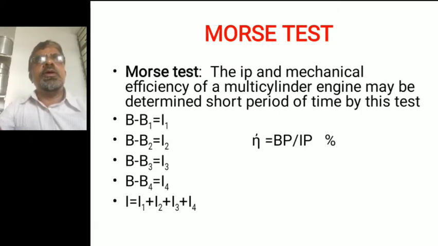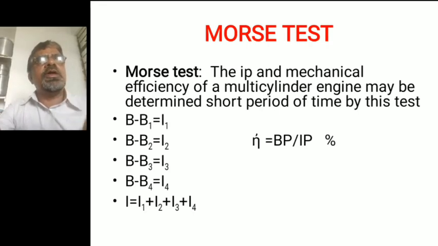That is, B is equal to I1 minus F1 plus I2 minus F2 plus I3 minus F3 plus I4 minus F4. If any one cylinder is rendered inoperative, then it does not develop any power, but friction F1, F2, F3 and F4 are there.